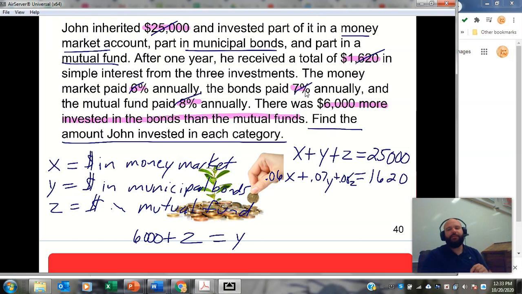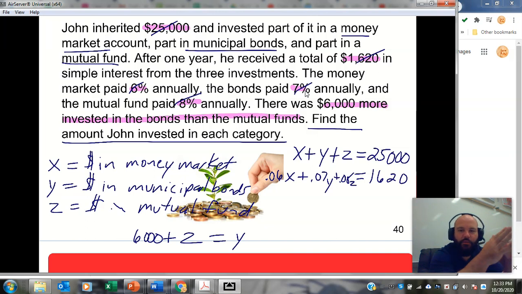So let's look at that again for a second, because this is the one that people usually mess up. If you take $6,000 and you add it to the mutual fund, that will give you the total municipal bonds, because it says there was 6,000 more invested in bonds than mutual funds, which means bonds is the bigger amount. Now, that equation is not in the same form as the other ones.